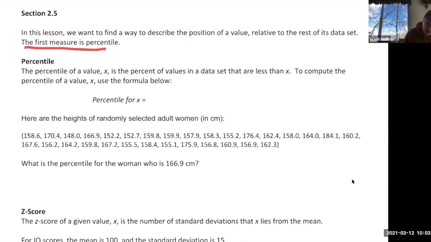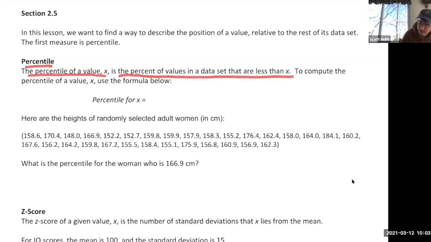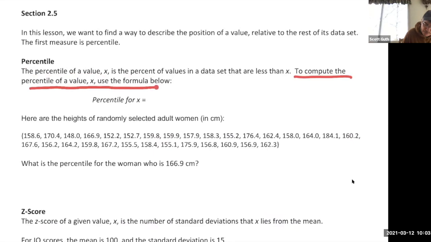The first measure is the percentile. So the percentile of a value x is the percent of values in a data set that are less than x. And you round it to a whole number usually. To compute the percentile of a value x, use the formula below. So you just count the number of values less than x.